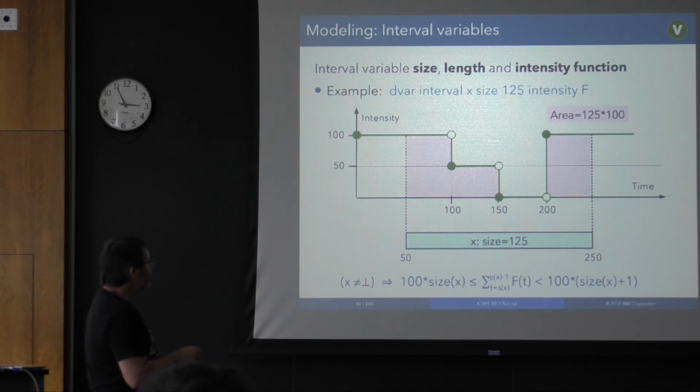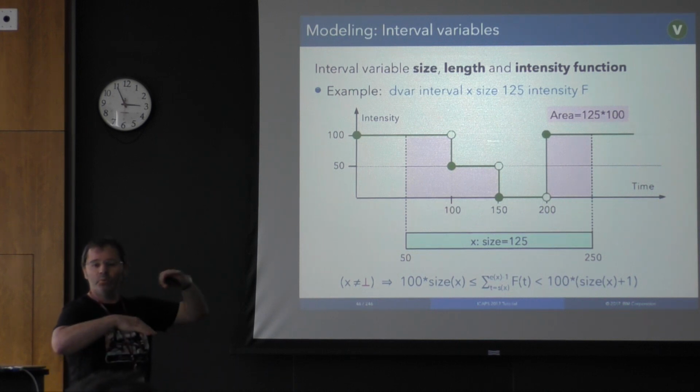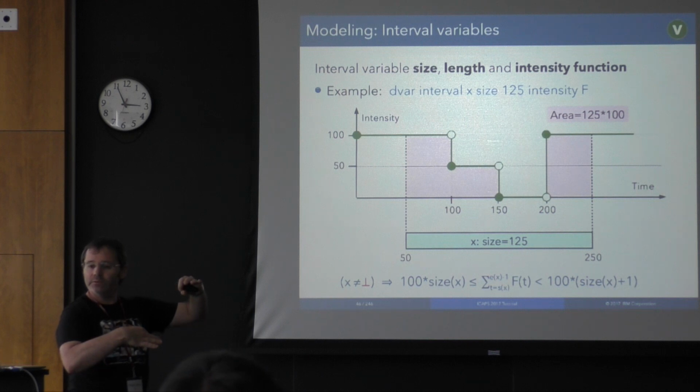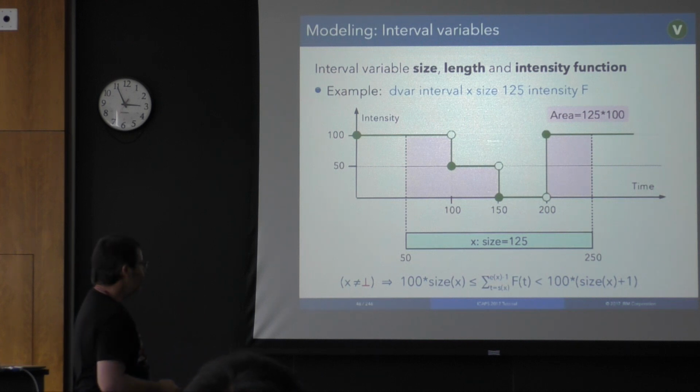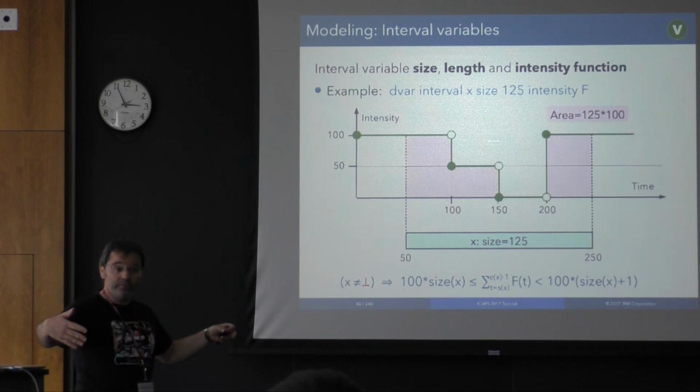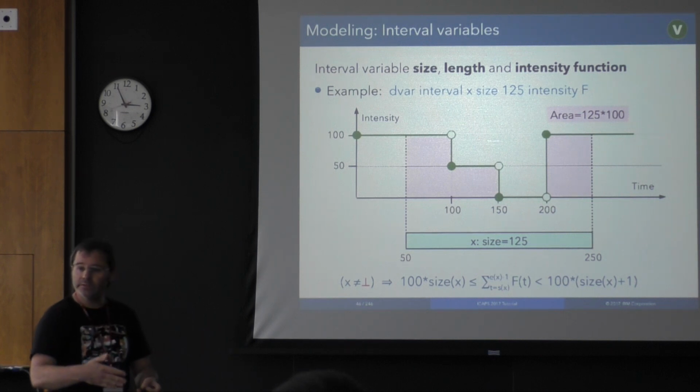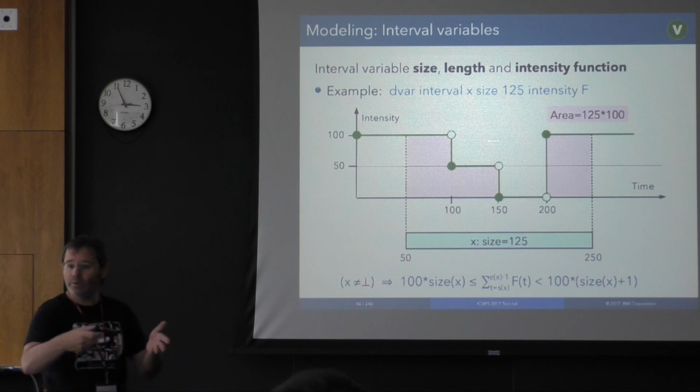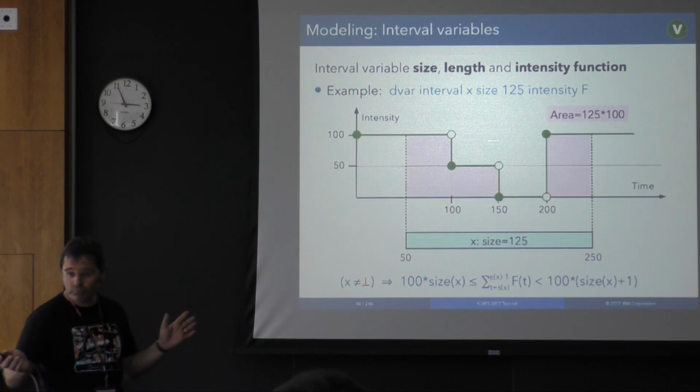So during 50 time units, it will use 50 time units of the length. The size corresponds more or less to the area under the function. If you think of the intensity function as being only 100% or 0, it just means that an interval variable requiring a given quantity of work will be suspended during the intervals where the step function is 0.